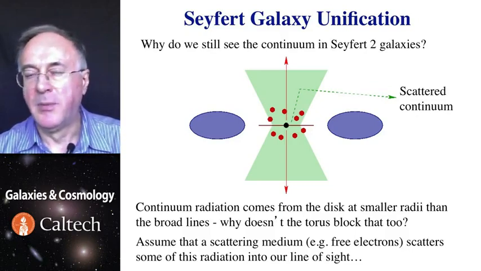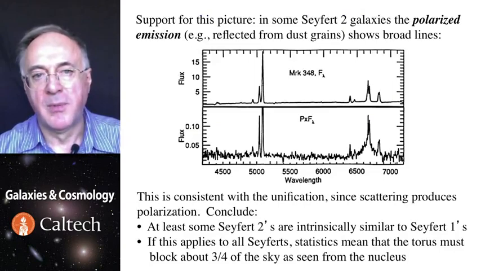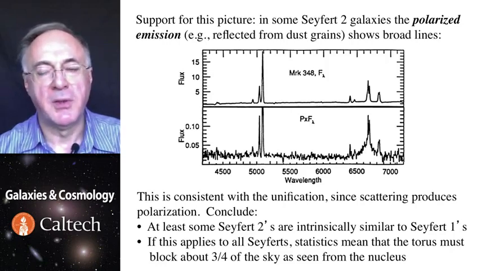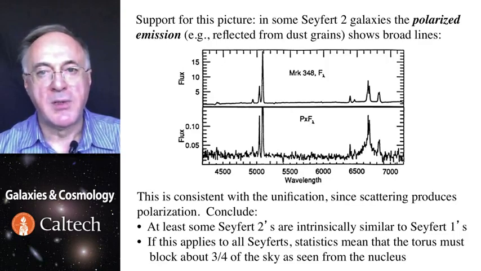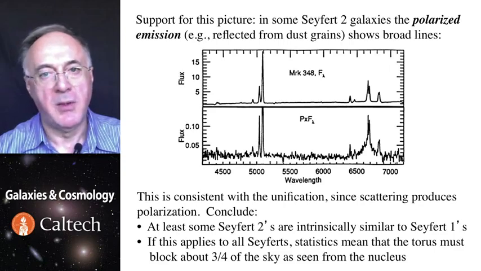But how can we tell? The key feature here is that reflected radiation will be polarized. And if you take spectrum of a Seyfert 2 galaxy, but using polarization filter, you will see that in polarized light, broad emission lines make an appearance.